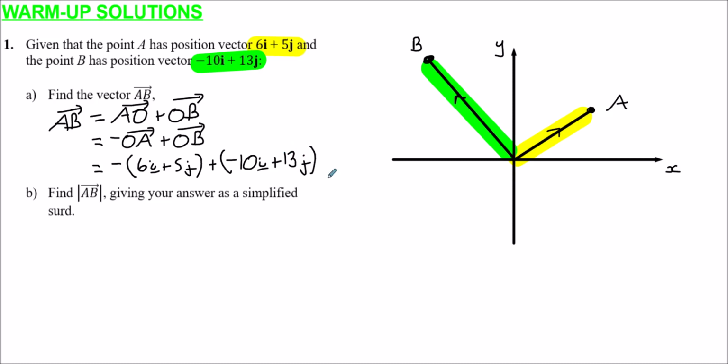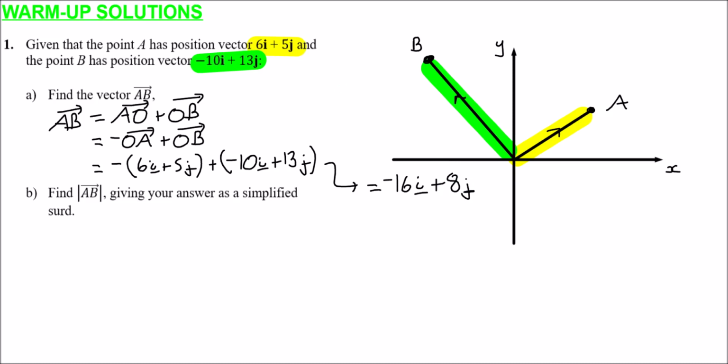plus 13j. So if we simplify this, minus 6i plus or minus is minus, so minus another 10i, that gives us minus 16i, and then minus 5j plus 13j gives us plus 8j.